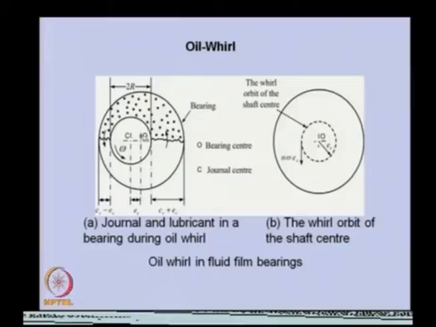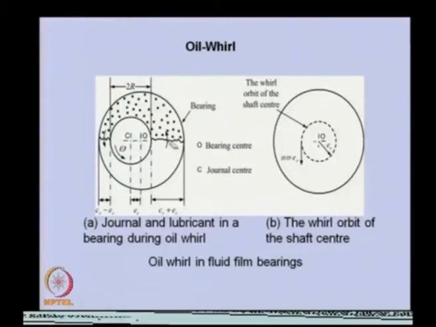Now, O is the bearing center, C is the center of the shaft, slightly offset, and the total clearance is cr. So when C and O are at the same place, we have equal clearance on both sides, equal to cr. But now we have displaced the rotor toward this side by er.